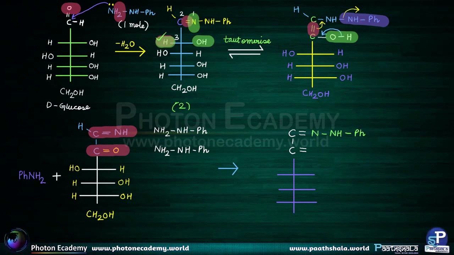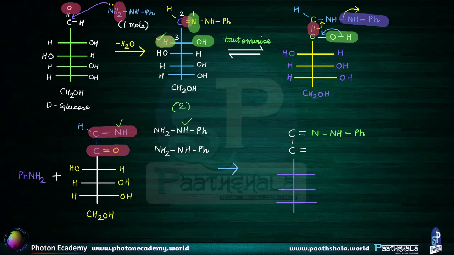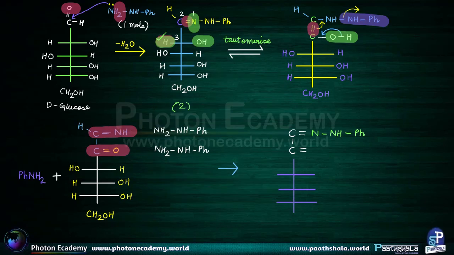So what did this molecule lose? We have got a nitrogen, an NH and a Ph, so we have all these groups with us. The part which is not here is a hydrogen and an NH2. So we can clearly see that we'll have an NH3 as a side product over here.